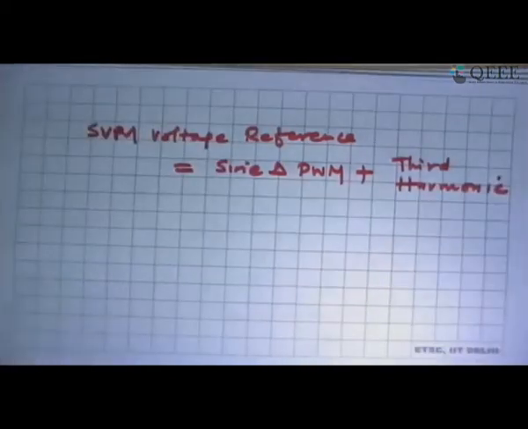So we can also get the three-phase voltage references for SVM even by adding a third harmonic to sine triangle PWM.